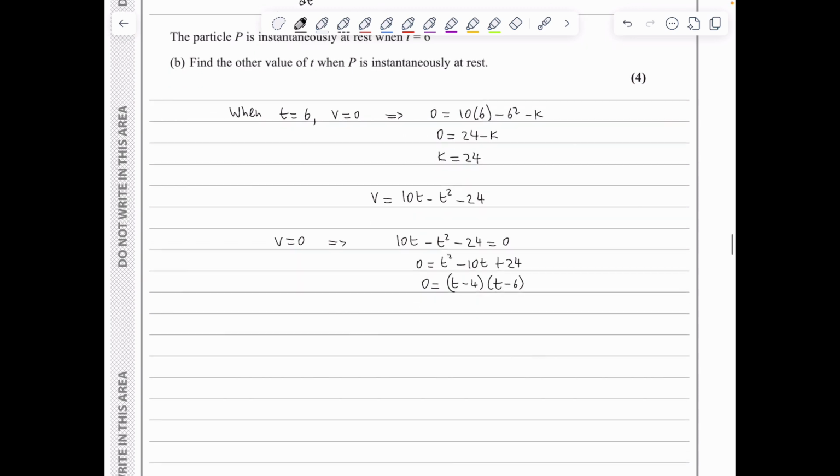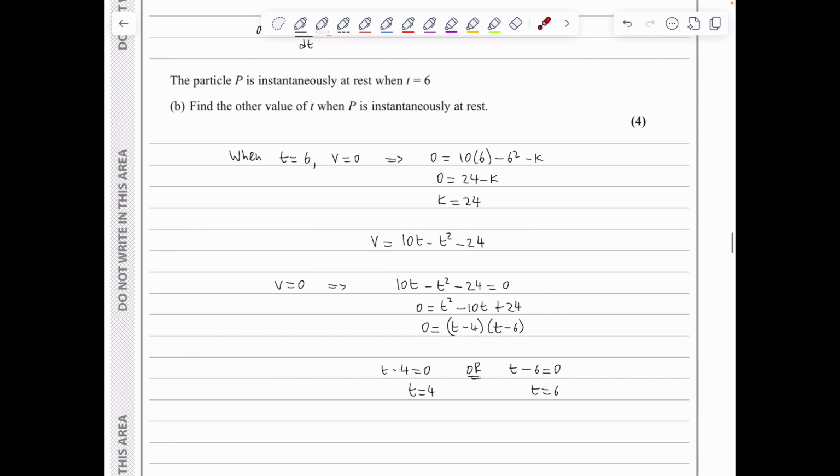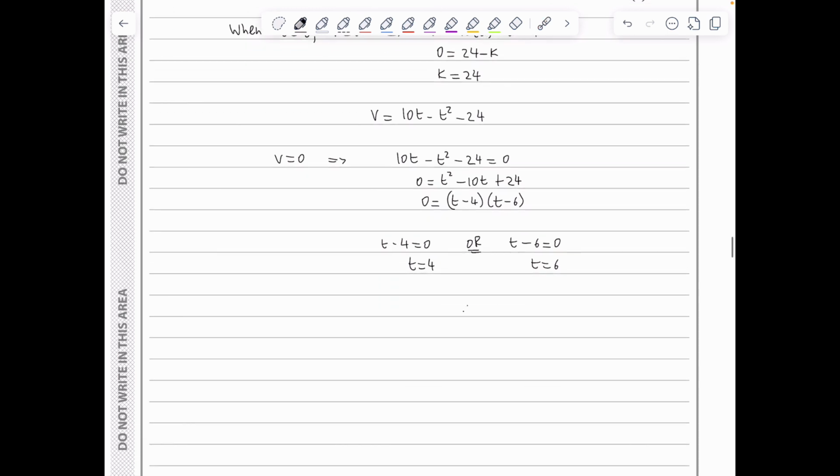So we've got t minus 4 is equal to 0, or t minus 6 is equal to 0, which means that t is 4 or t is 6. Well, t is 6 is the value already provided by the question. So what we are looking for is t being equal to 4.